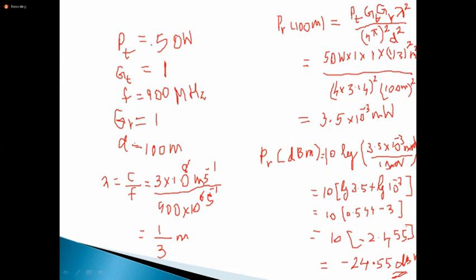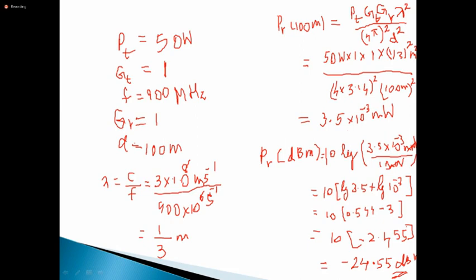Now look here, we transmitted 50 watts. After 100 meters, only 3.5 microwatts is received, right? So this is the most fascinating thing. Now we have transmitted 50 watts, but we have received only 3.5 microwatts at the receiver.